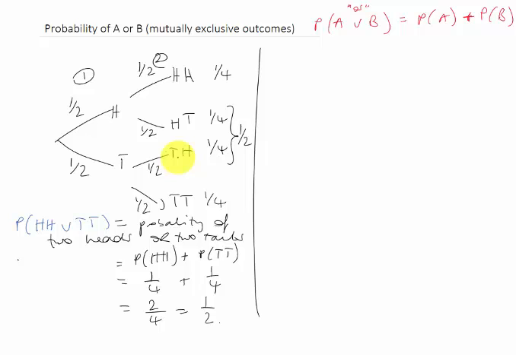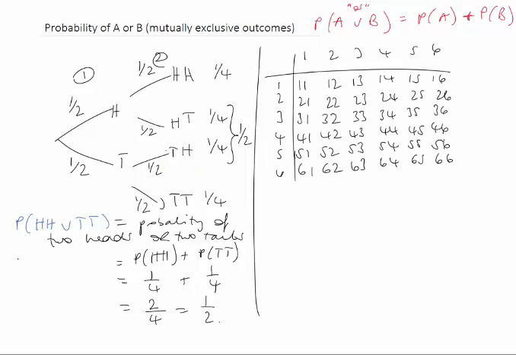Now how about another example from our dice from before? How about if we asked, what is the probability of rolling a sum of 11 or 12?